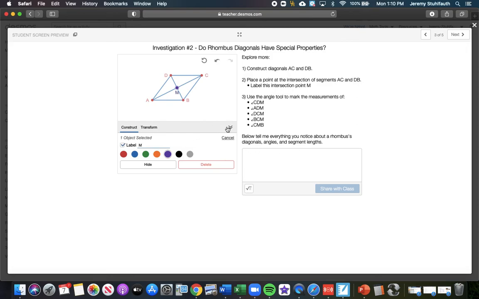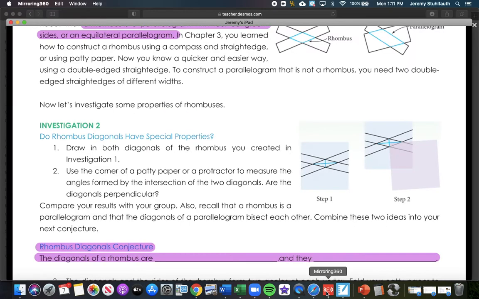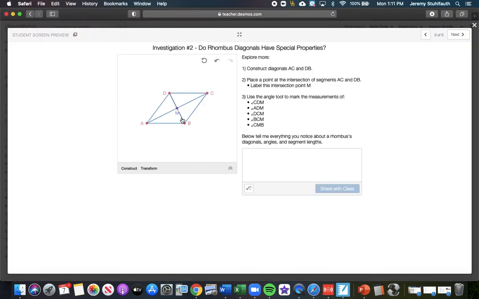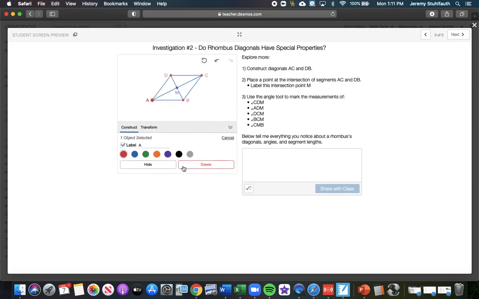We're going to make some observations here. The first observation, if you're looking at your notes, has something to do with the diagonals of the rhombus. Remember in the previous lessons we saw that a number of diagonals bisected each other. We have to construct a few more segments here.